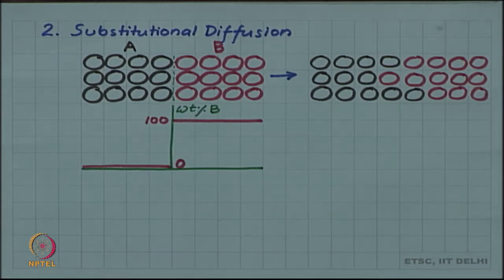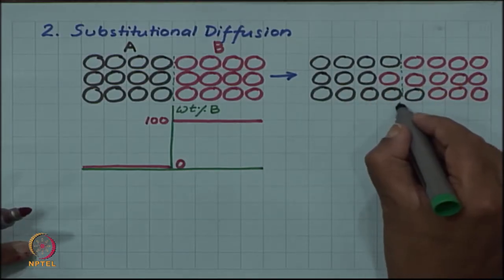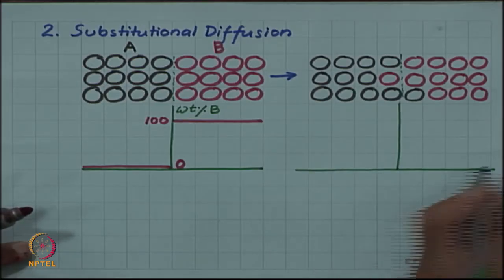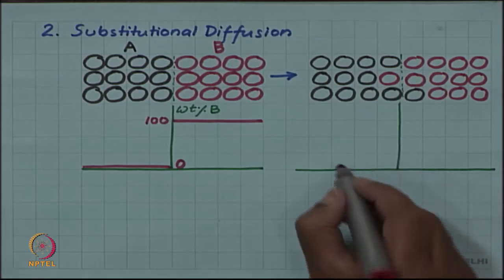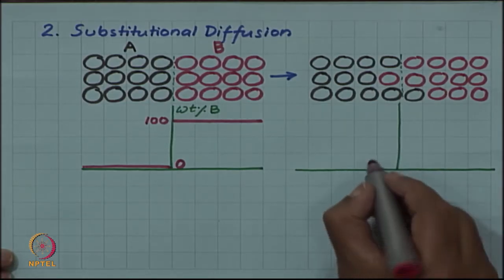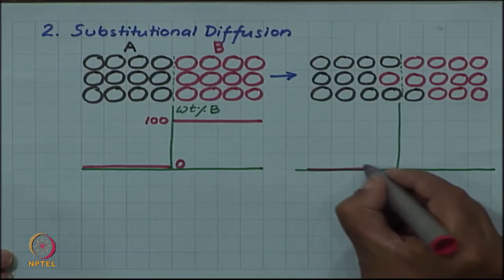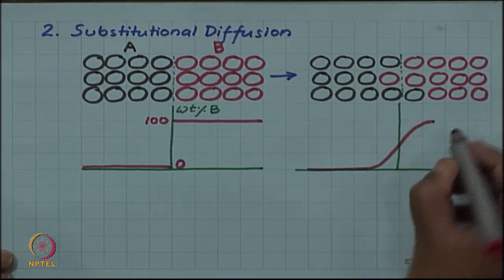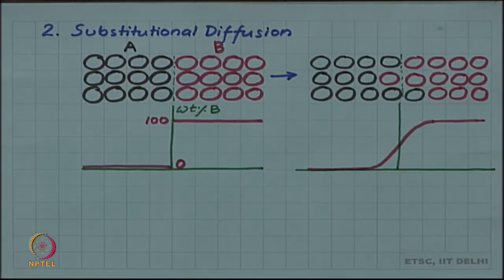So, across the interface you can now see that a migration of atoms has taken place or a diffusion has taken place. If one measures the concentration profile after some time, then one will find some B on the A side also. So, you will now have a concentration profile which will evolve something like this, and is governed by the solution of Fick's laws which we have already discussed.